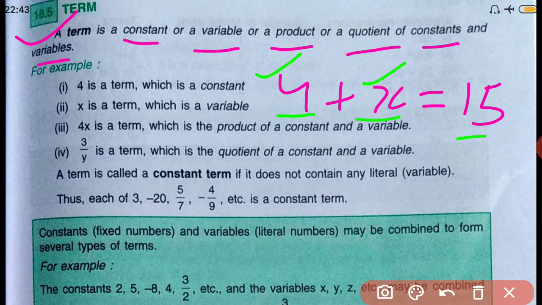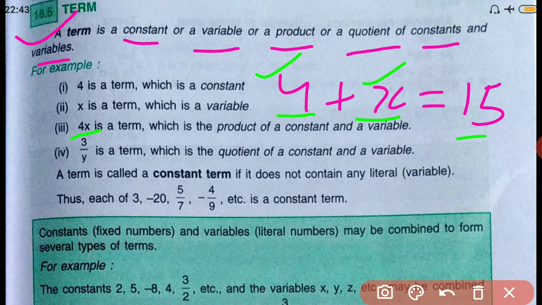x can also be a term. If anywhere in an algebraic expression we are using 4x, then 4x also becomes a term. 3 upon y is a term, which is the quotient of a constant and a variable, whereas 4x is the product of a constant and a variable. A term is called a constant term if it does not contain any literal variable.